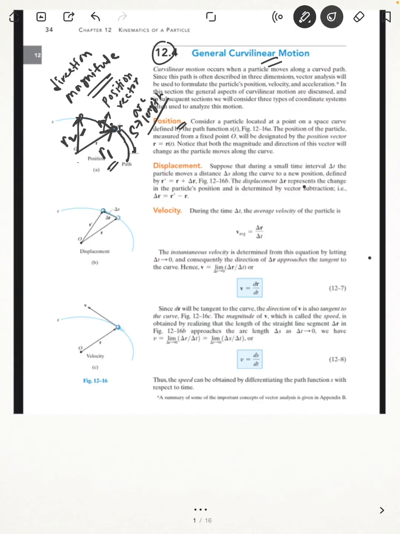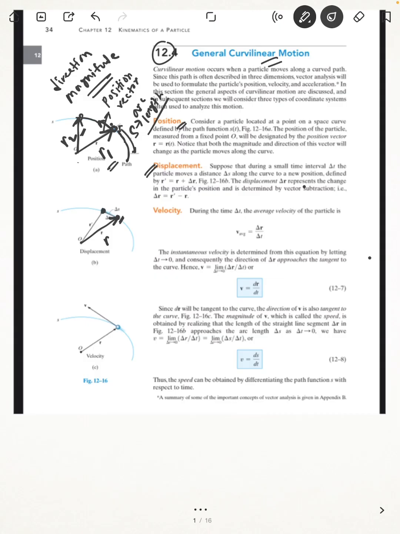Now we come to the displacement. Displacement is basically the change of the position. At a particular time point, the particle is at this point along the curve, and after a certain time period, the particle moves to this point. The first point is given by the vector R, and the second point where the particle arrives is given by R prime.